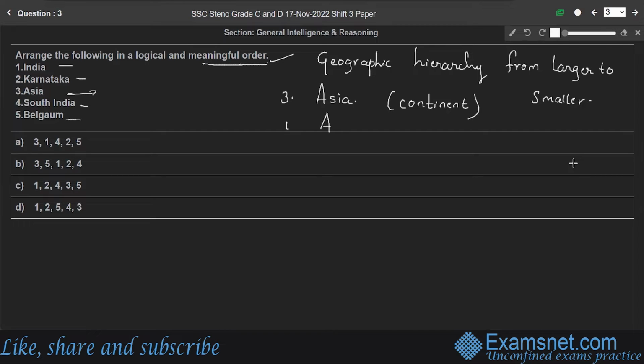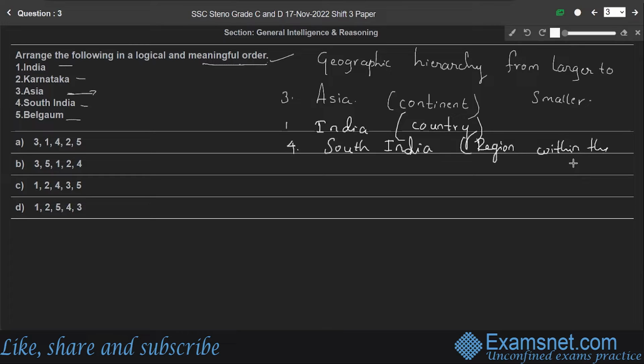So first one, India. A country within the continent Asia. Next comes South India, a region within the country of India. After South India, we have to consider Karnataka.